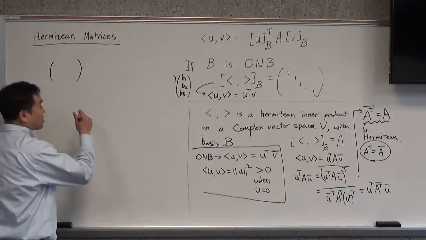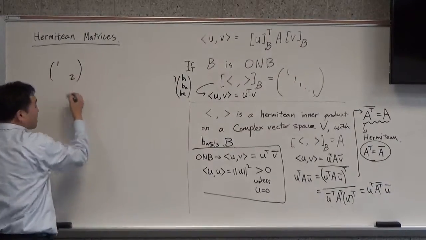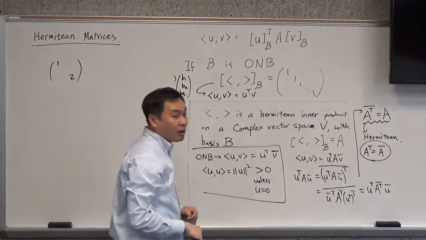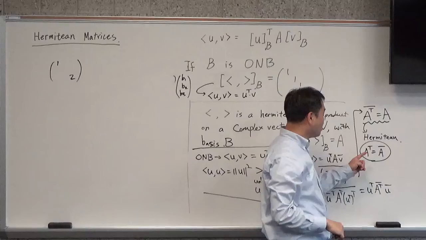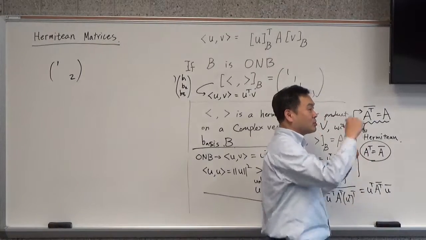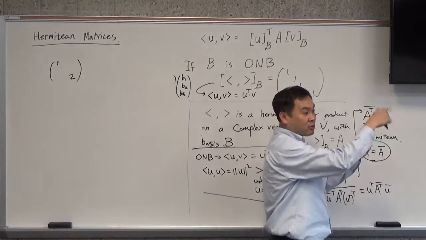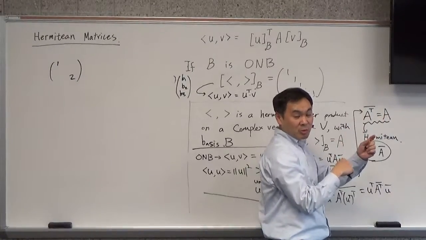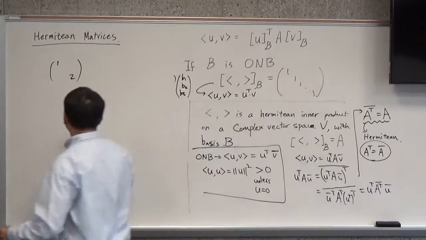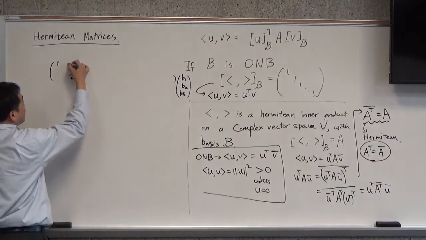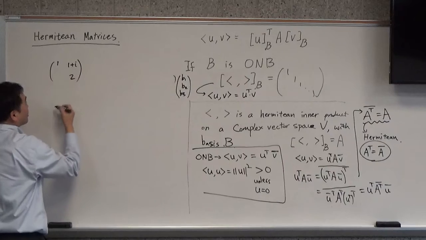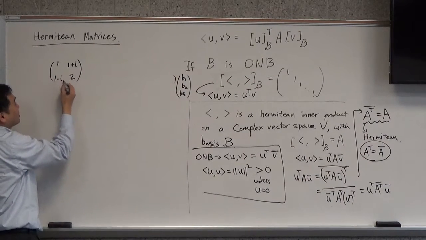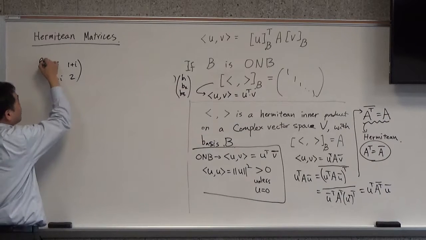Here's an example: if you have 1 and then 2, that's good, these are real numbers. On the other hand, something in the upper triangular region, when you take the transpose, should go to the other side with the conjugate. So let's say you have 1 plus I here. Then what should go in here? 1 minus I. That's an example.